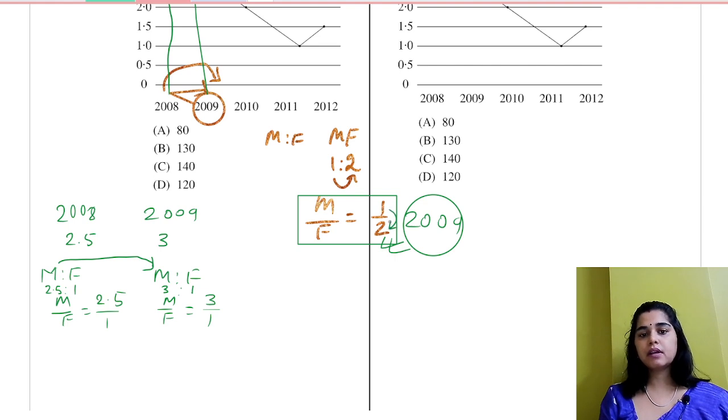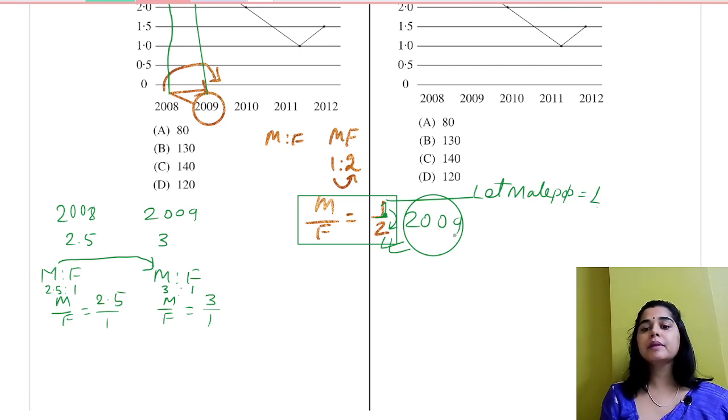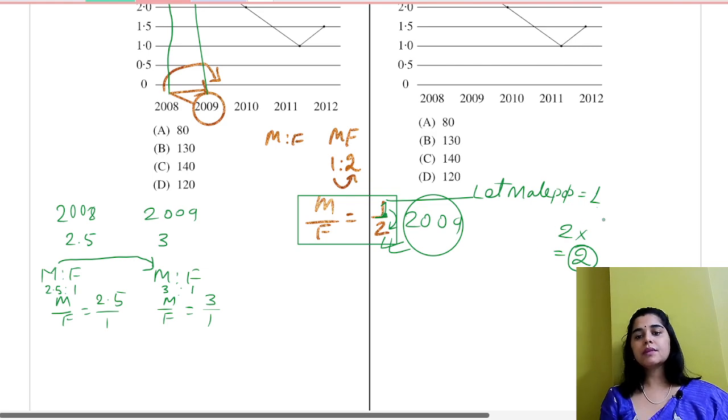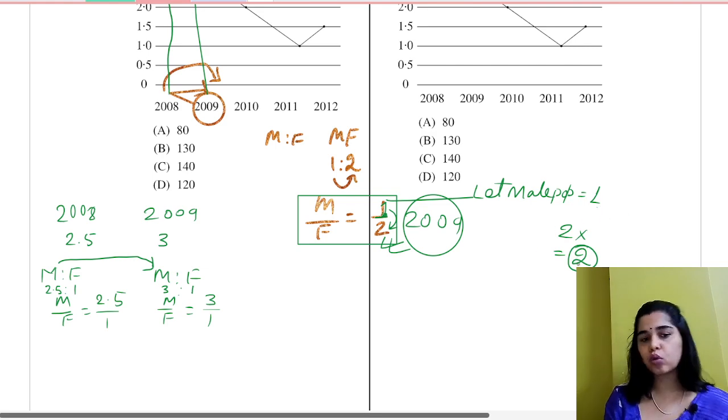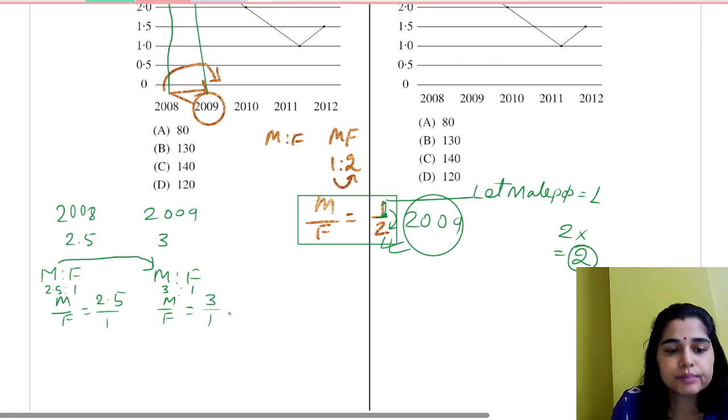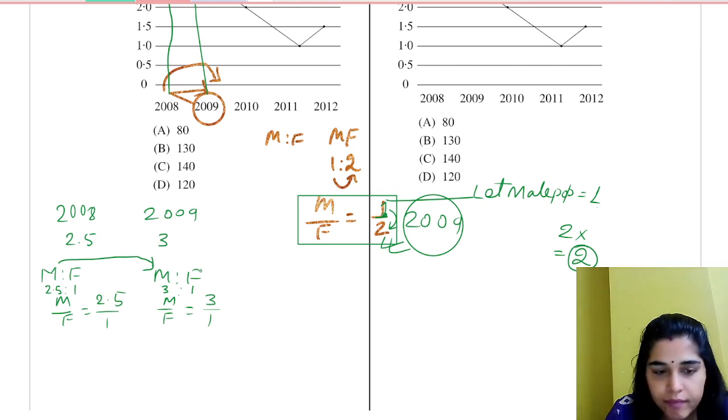We consider it like this: let the male population be 1 and the female is double. So double, that's why 2. What is double of 1? 2. So that's why 2.